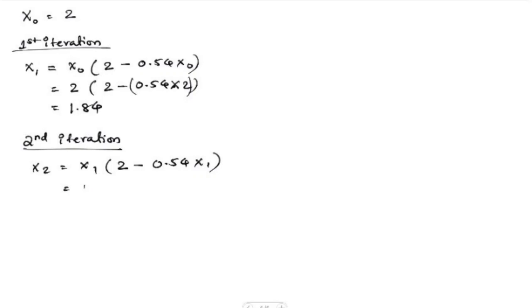So you have 1.84 times 2 minus 0.54 times 1.84, and this is equal to 1.852. So here you have the values for x1 and x2.